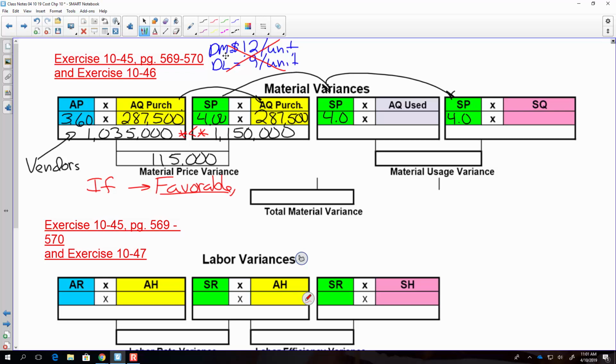So I really, really would encourage you to do this. Please. It'll make your assignments, your tests that much quicker, and we won't have math errors. Because if you're punching in 360 and then this number and then this number and this number, that's 4 opportunities to make a mistake. Whereas if I could just hand enter these, it'll compute the numbers automatically, right? Compute the variance automatically. Not only the amount, but the direction.